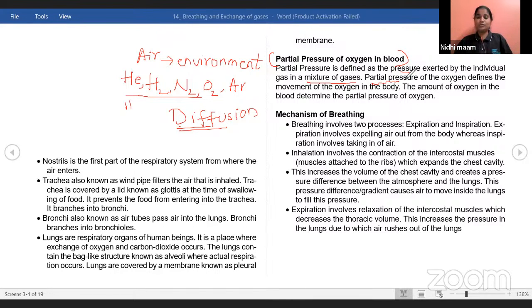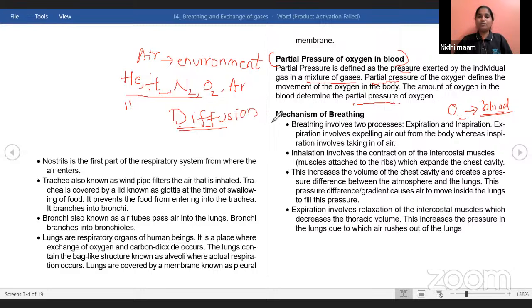During corona also, most of the doctors used it to find the oxygen level. The amount of oxygen in the blood determines the partial pressure of oxygen. So how much oxygen is present in our blood, that will show the partial pressure exerted by the oxygen.